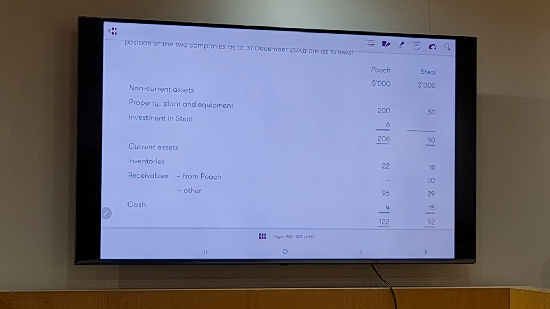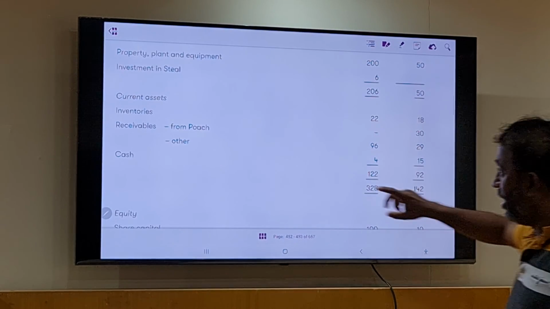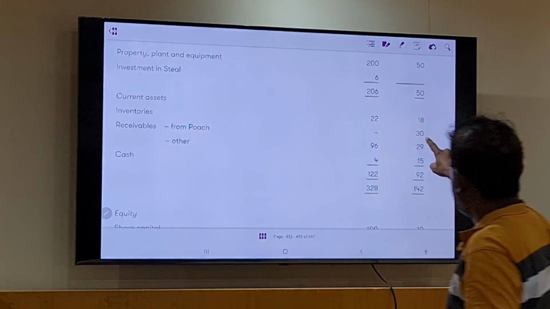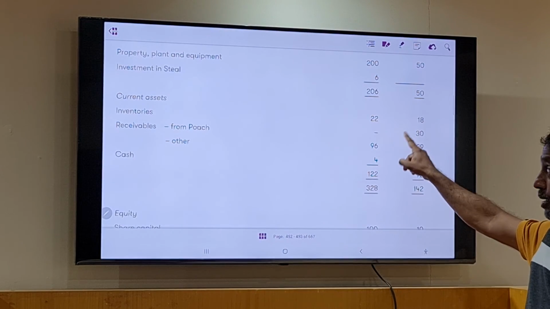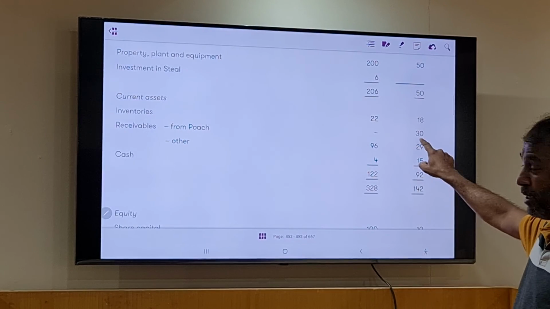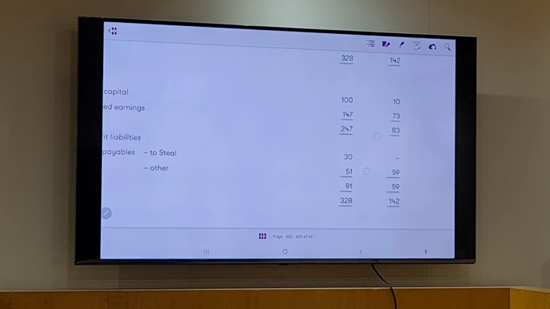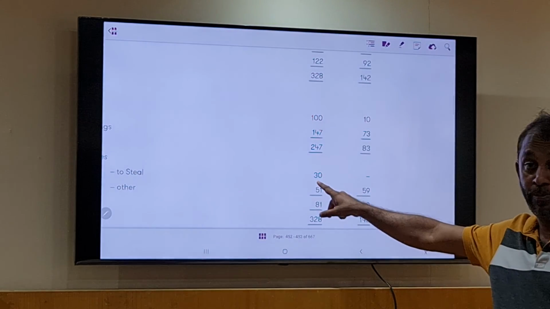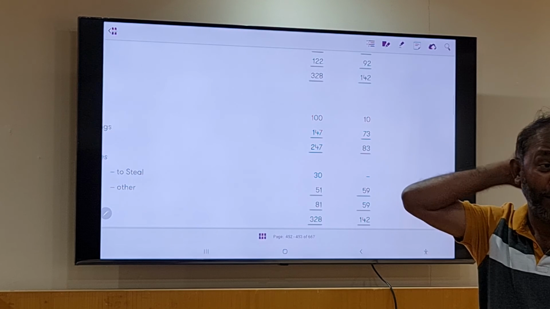Receivable. Another good point. See here, the subsidiary needs to receive from the parent 30. Can you go to the payables, and then the parent company needs to pay 30. This you call intercompany payable.